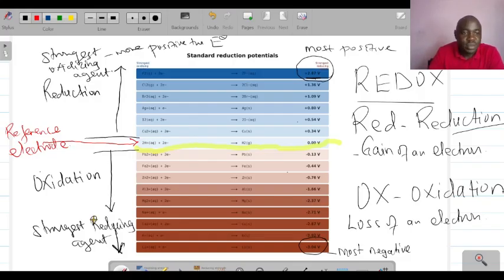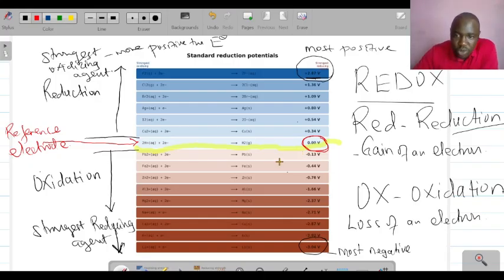And that is why our hydrogen has been assigned a standard electrode potential of 0.00 volts. So we shall compare everything from hydrogen. And that is how we can be able to interpret the standard reduction potentials.